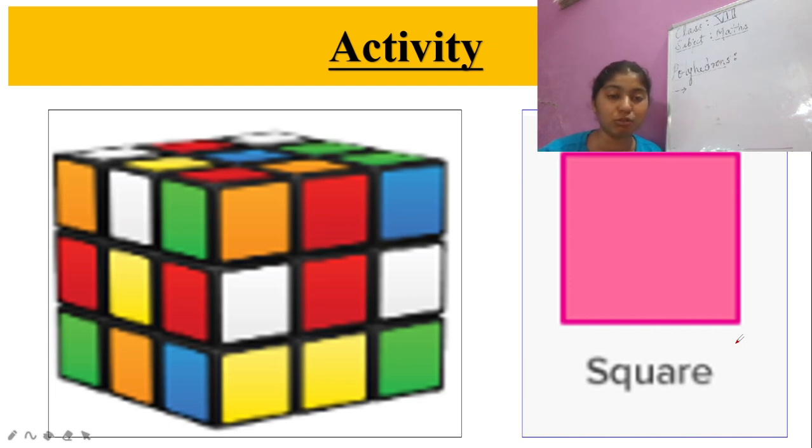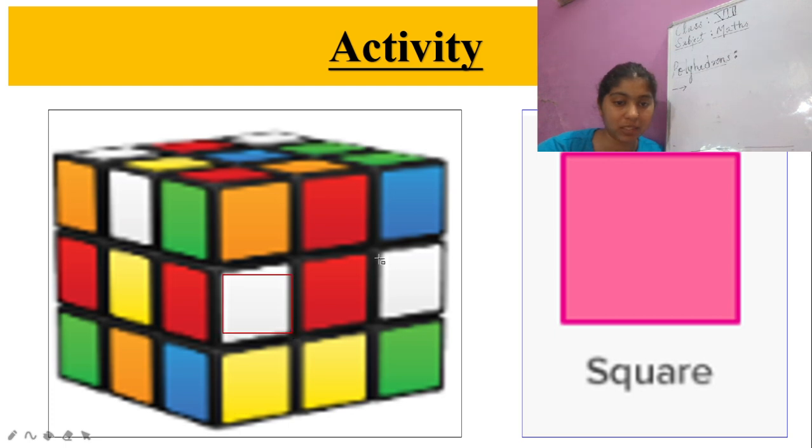So students, do you say that a square is a 2D shape or a 3D shape? Tell me, is it a cube in which we have seen a square? What do you think? Let me draw it.